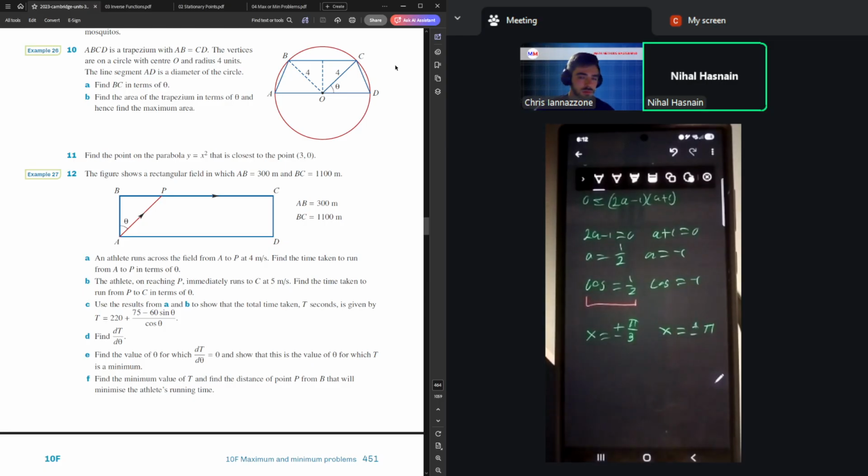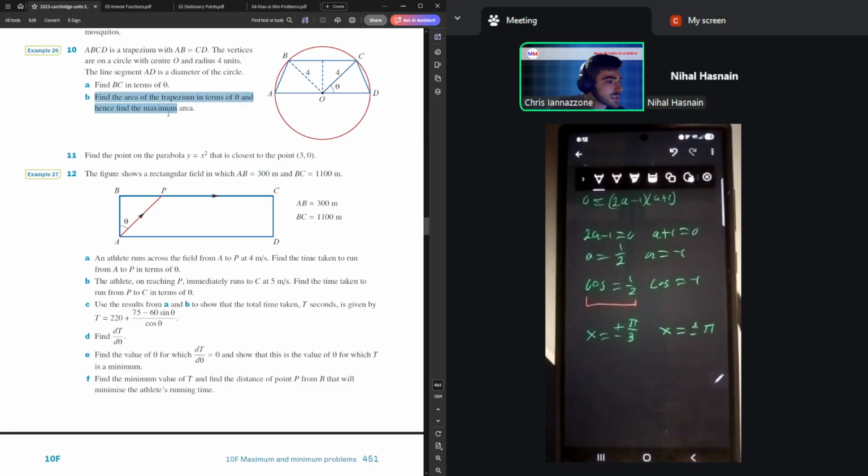It gives you stationary points, not necessarily the maximum. It'll give you maximums, minimums, and inflection points. Okay, I get it. So we saw both: we saw what minimum area looked like, 0 area, and we saw what maximum area looked like.